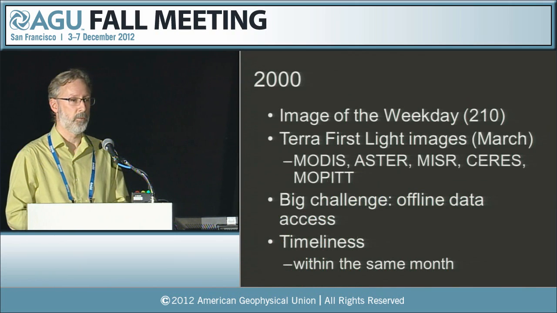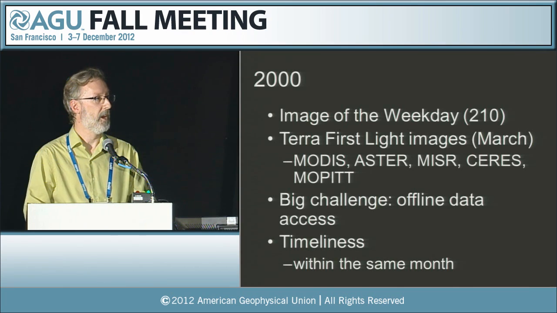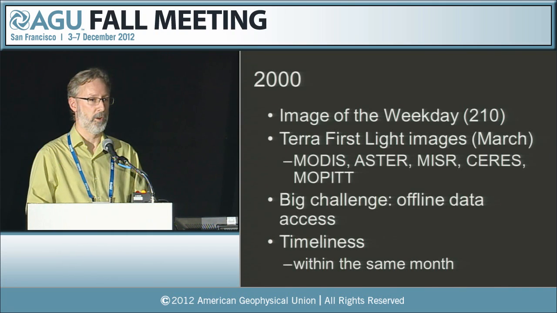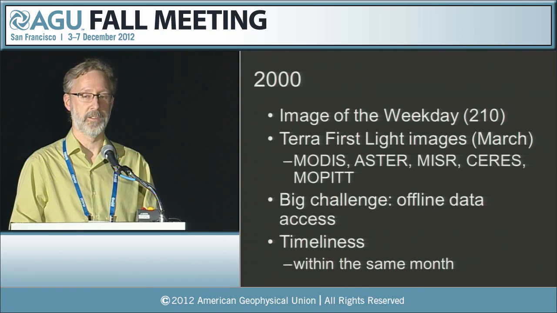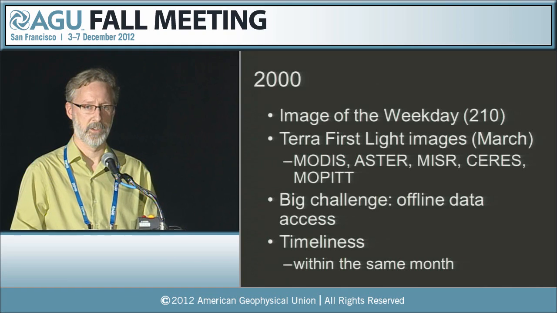In 2000, we had the first light images from the Terra missions. We were finally able to get up to an image of the weekday. There were more data available, and more scientists looking at data constantly and communicating with us. Our big challenge at that time, however, was that a lot of the data was held in offline tape storage.